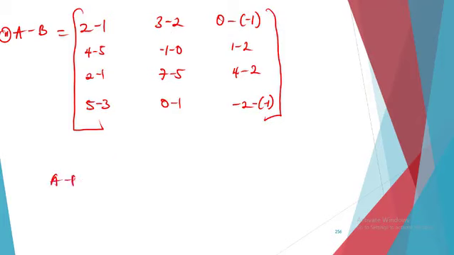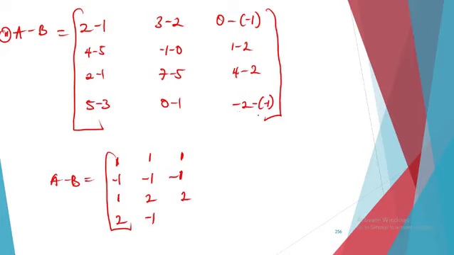We have A minus B equal to 2 minus 1 is 1. 4 minus 5 is minus 1. 2 minus 1 is 1. 5 minus 3 is 2. 3 minus 2 is 1. Minus 1 minus 0 is minus 1. 7 minus 5 is 2. 0 minus 1 is minus 1. 0 minus minus 1 will give us 1, since minus times minus will give us plus. 1 minus 2 gives us minus 1. 4 minus 2 gives us 2.